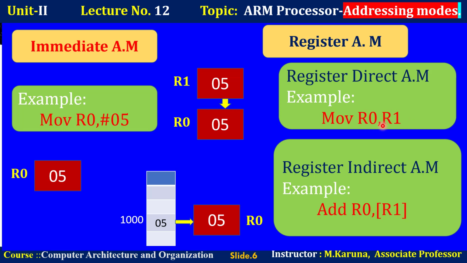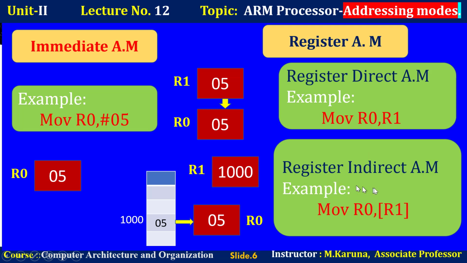I told you this order may vary from computer to computer. In this case, first is the destination, next is the source. Whatever the source operand is will be transferred to the destination register. I am taking 5 as the data. R1 has data 5, which will be transferred to register R0 with the help of this instruction. Now coming to the register indirect addressing mode.